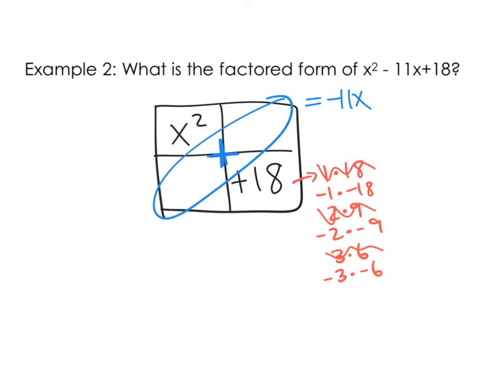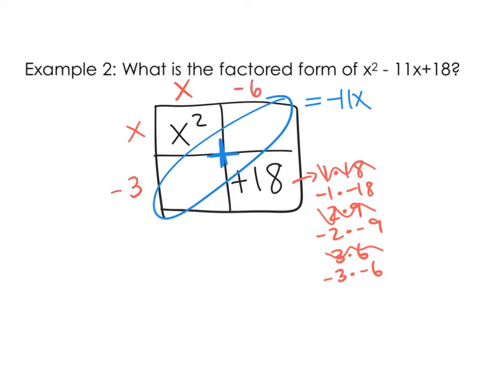So we need to start off by figuring out what multiplies to be x squared, which we know would be x times x. And then I need to figure out which one of these options is going to be the best fit. So let's try negative 3 and negative 6.